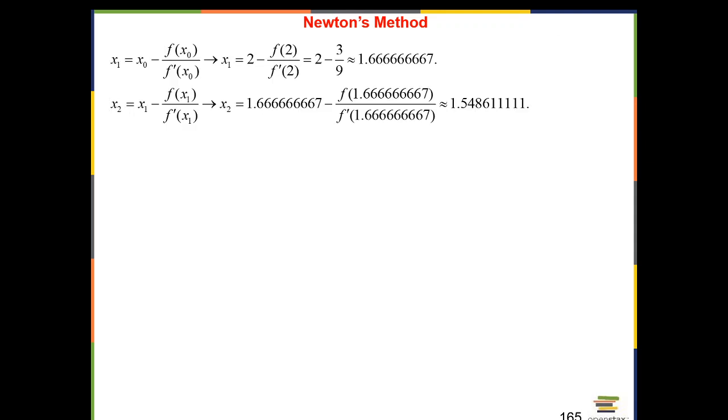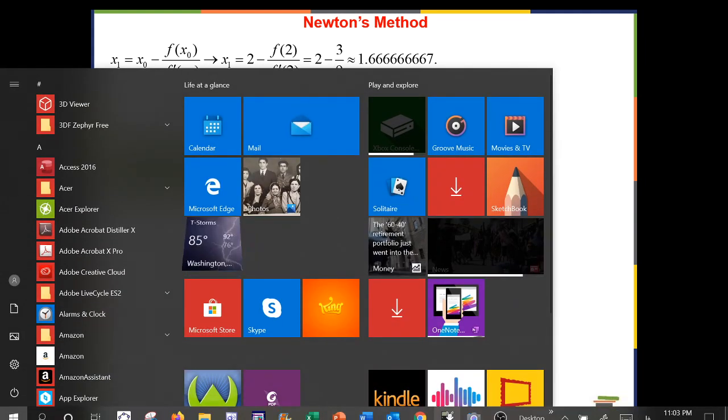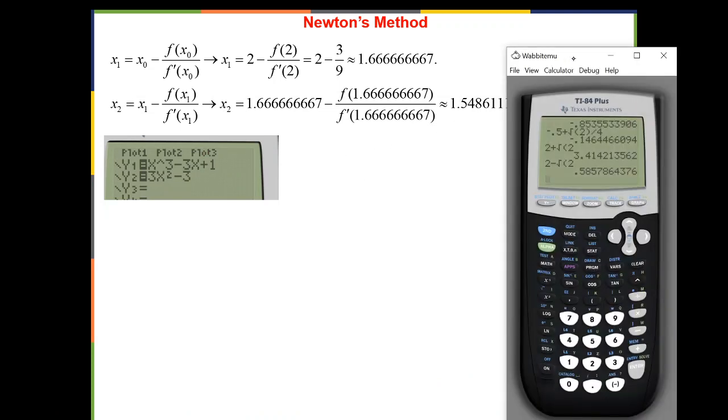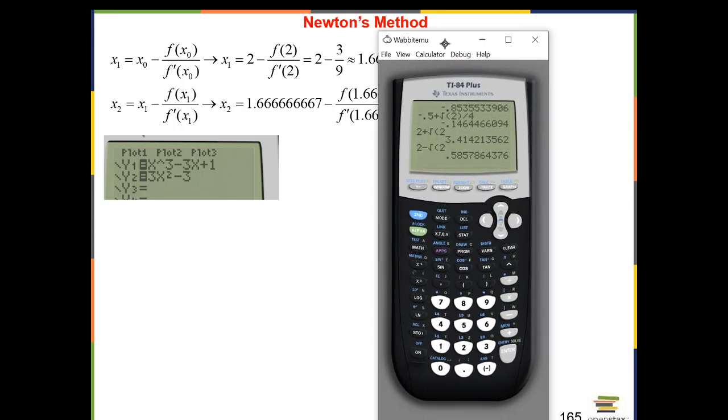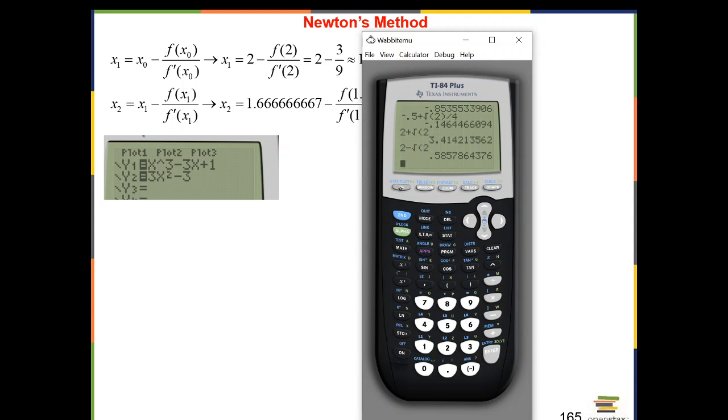Okay, so how do we do this with a calculator? Let me just quickly show you. So we are going to put the f of x and f prime of x in y1.